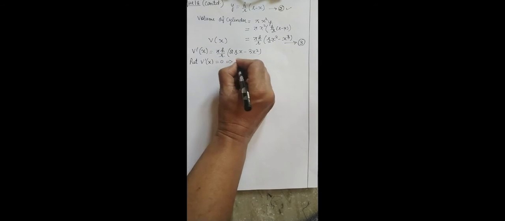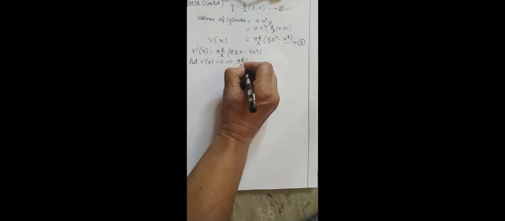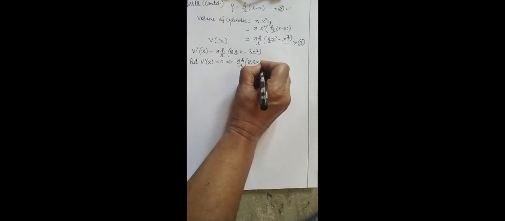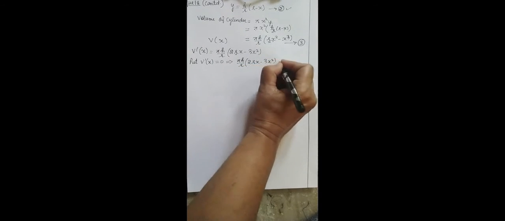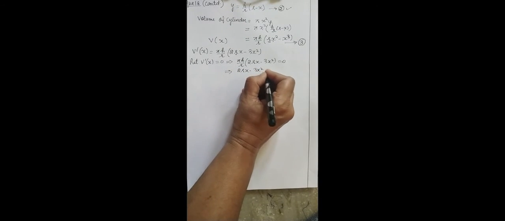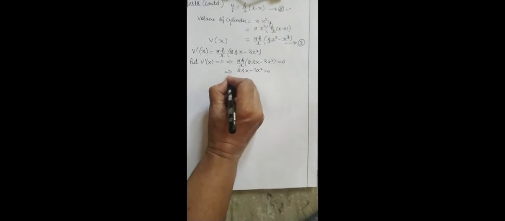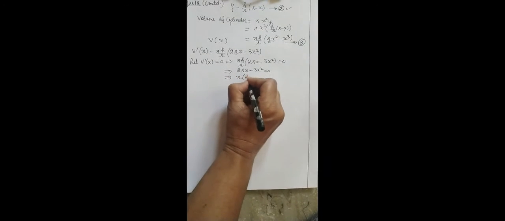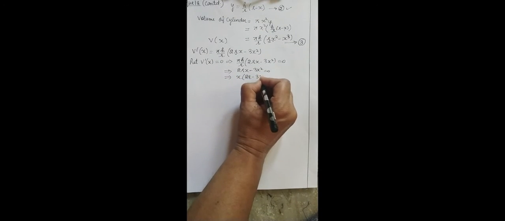Now I will put v dash x equal to 0, which implies pi h upon r into 2rx minus 3x square is equal to 0, which implies 2rx minus 3x square is equal to 0. Taking x as common, making factors of this expression, x into 2r minus 3x is equal to 0.